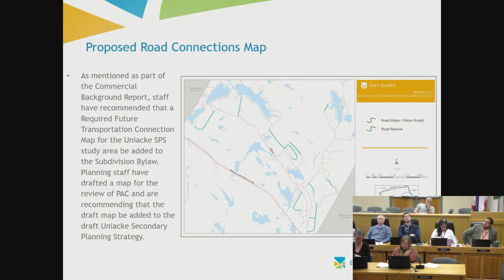In speaking to one of the landowners there, what's stopping him is that he has a hard time trying to put a subdivision in next to an active rock quarry. But just so that's on the radar.